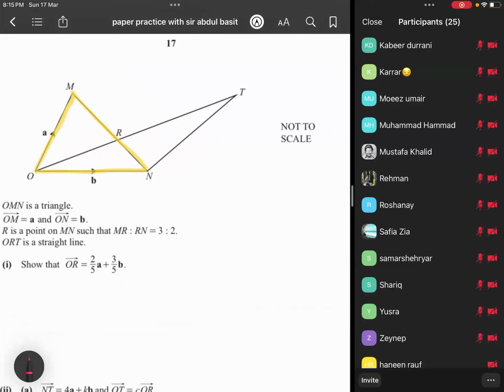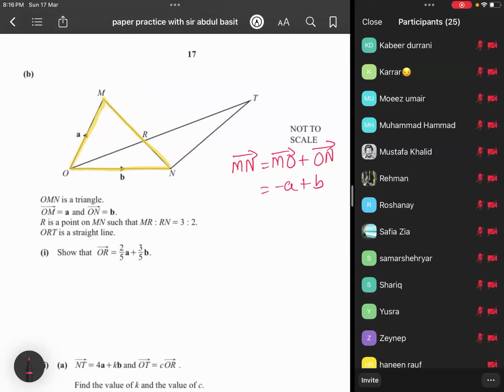Agree or not? Let's find out M to N. M to N would be M to O plus O to N. Beta, M to O would be negative a and O to N would be plus b, because we are going against the direction.